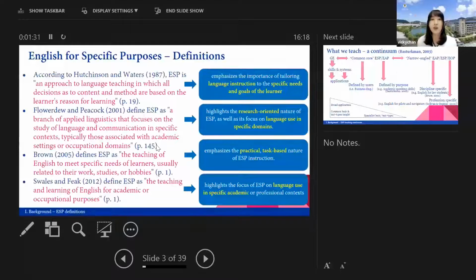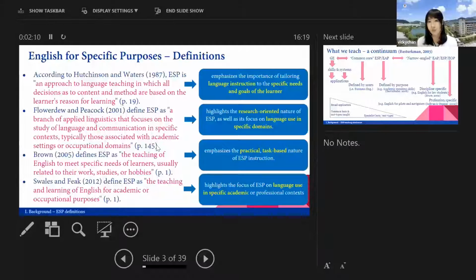So here are 4 definitions about ESP teaching. As you can see, different definitions might focus on different aspects of ESP, but they are quite overlapping with one another. The first one, proposed by Hutchinson and Waters in 1987, very early on in ESP study, proposed that ESP is an approach to language teaching in which all decisions as to content and method are based on the learner's reason for learning.